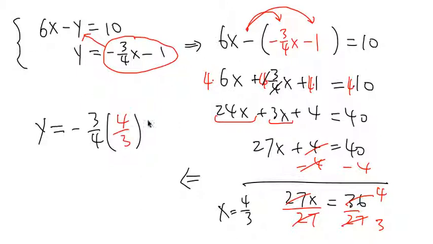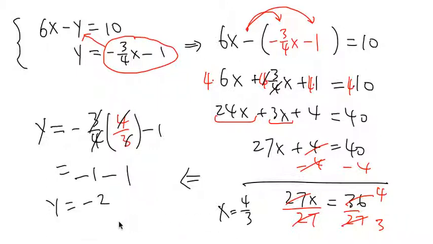And don't forget to minus 1 at the end because that's what the y is equal to. Well, the 3 and 3 cancel, the 4 and 4 cancel. After you multiply this out, I have negative 1 because everything left is equal to 1. And then right here, I still have the minus 1. y is equal to negative 1 minus 1, which is equal to negative 2 for y.